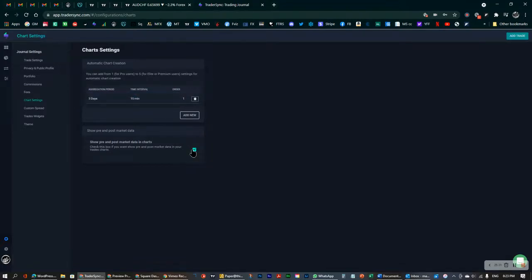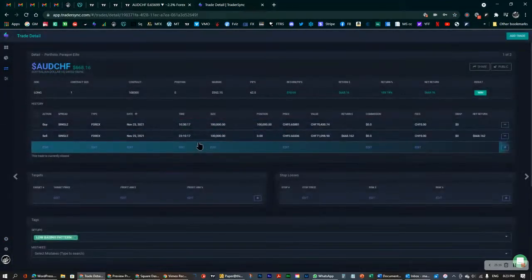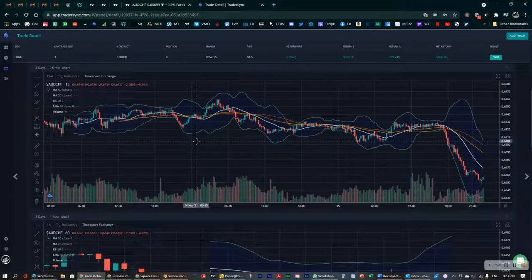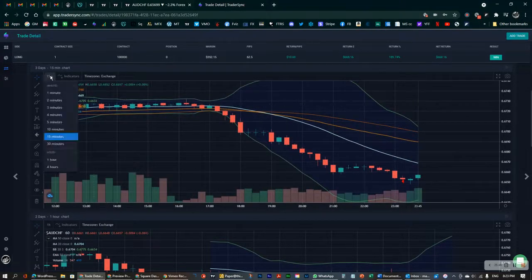Show pre and post market data in charts. I have no idea why that would matter. Still not showing it.